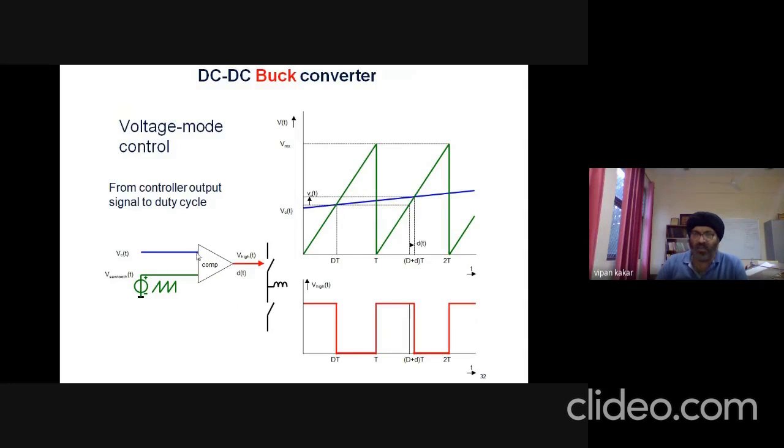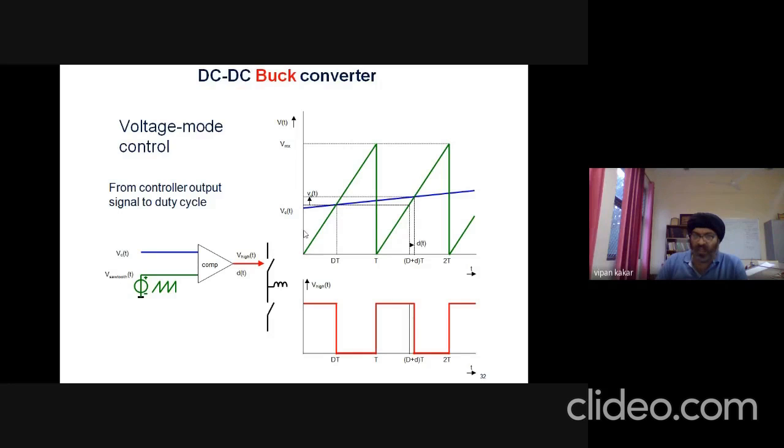Both are compared with this comparator, and we get the output, which is V high T. That output is shown in red over here. At these crossover points, when this control voltage is superimposed with this sawtooth waveform, it changes the cross points over here.